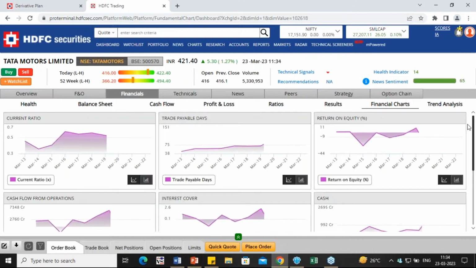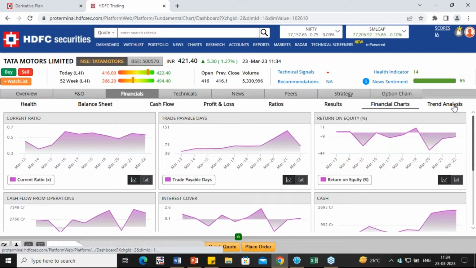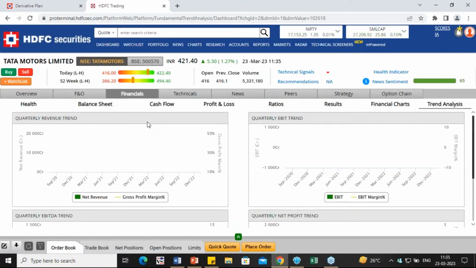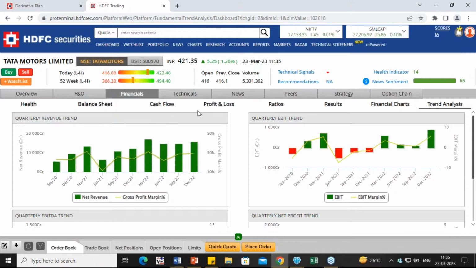All the information we are providing on a single screen. Similarly, we are also giving trend line analysis over here. So you will understand one by one, as per your convenience. For easy understanding, we are providing all the information in easy language.